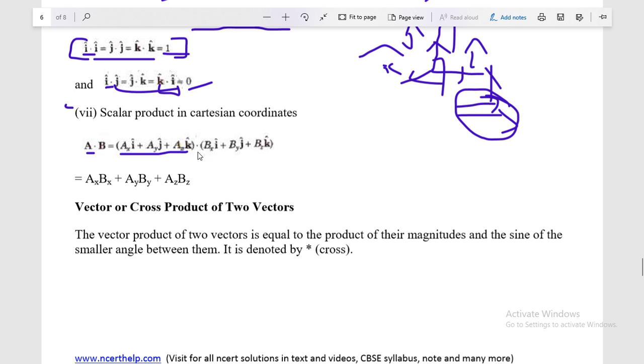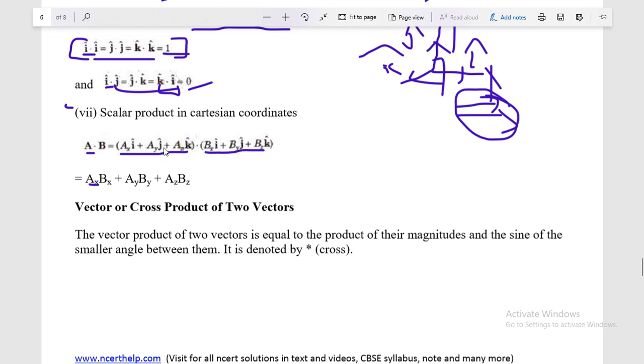Okay, you can see here there is a dot product. By using the property of i dot i, you can see here i dot i will give you 1. It means you will get ax bx. Now i dot j will be 0 and i dot k is again 0.